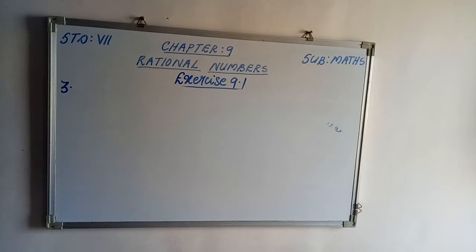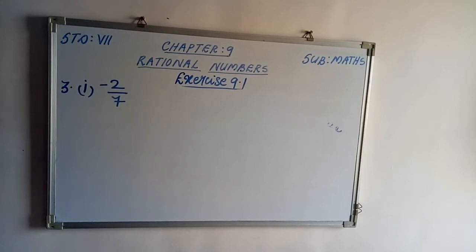Give 4 rational numbers equivalent to minus 2 upon 7, 5 upon minus 3, 4 upon 9. You have to find equivalent rational numbers. How to find equivalent rational numbers? You get equivalent rational numbers by multiplying both the numerator and denominator of the rational number with the same integer.